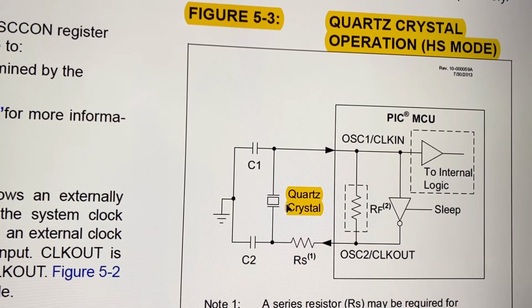This quartz crystal can be rated at 4 or 8 megahertz, with 22 picofarad capacitors, 1 series resistor, which most of the time is within 2 to 10 megaohms, and RF that's internally connected in the PIC micro. Then you will select in the registers the option that you are willing to work with an external oscillator, not an internal oscillator.